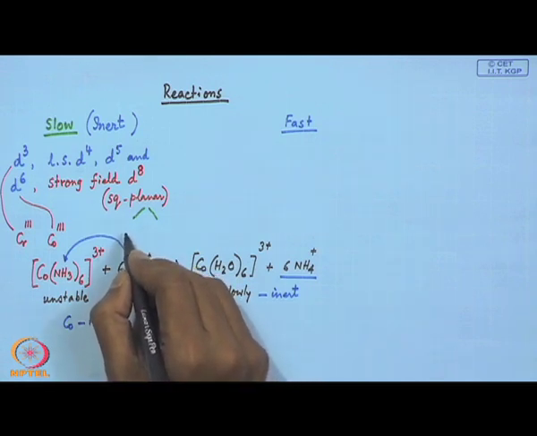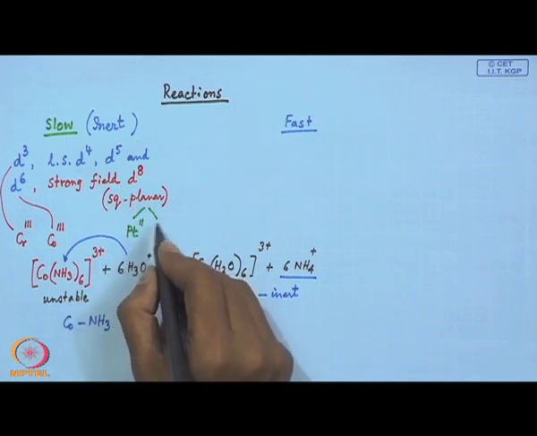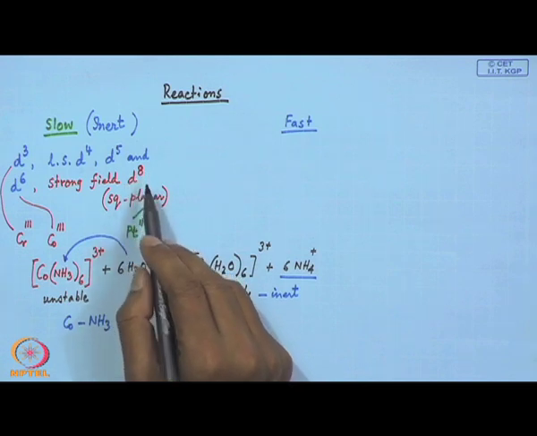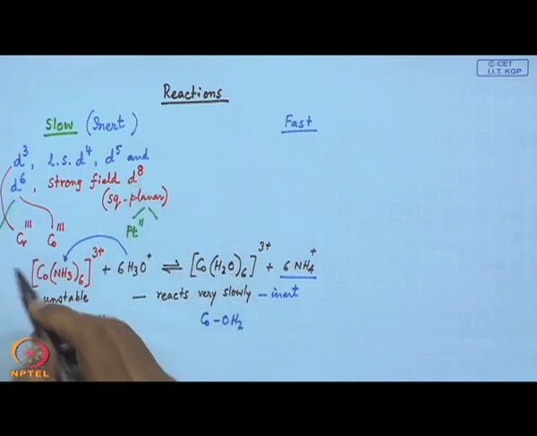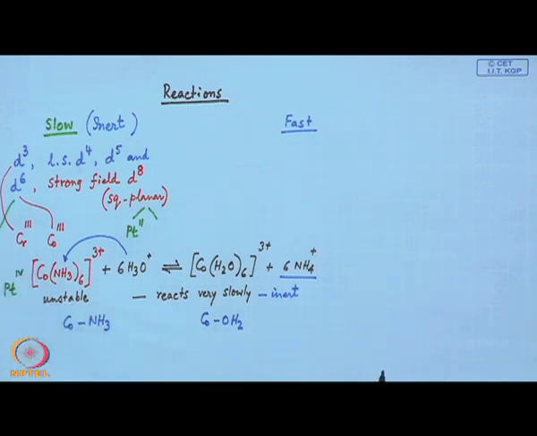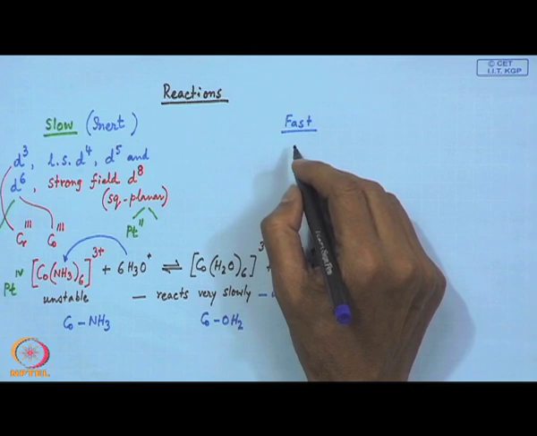So, we can have platinum 2 for this particular D8 configuration, and for D6 configuration we can have platinum in the +4 oxidation state. This basically gives us some idea of which types of reactions we can consider as slow reactions.